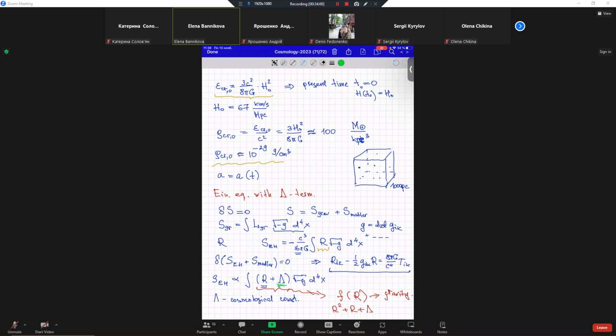If we put it in the Einstein-Hilbert action like this, it means that the dimension of lambda is the dimension of scalar curvature, and this is 1 divided by L squared. Because we remember that scalar curvature is the contraction of the Ricci tensor, which is the contraction of the Riemann tensor, and this is a derivative of the Christoffel symbol. So this is 1 divided by L squared.